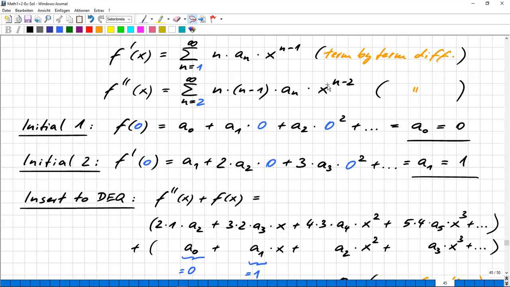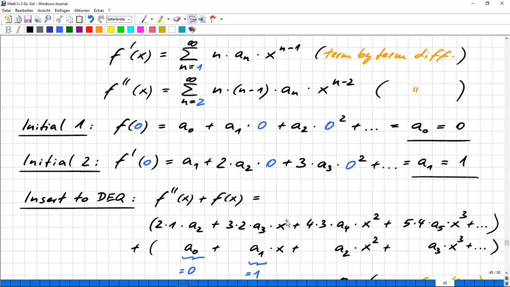So this time, 2 times a2 is the pure constant in the second derivative by approach. Plus, now comes the linear term. The linear term corresponds to n equals 3 in this notation. 3 times 2, you know, always a number times its predecessor, times a3 times x power 1, because 3 minus 2 is the exponent. So that's the linear term, actually.